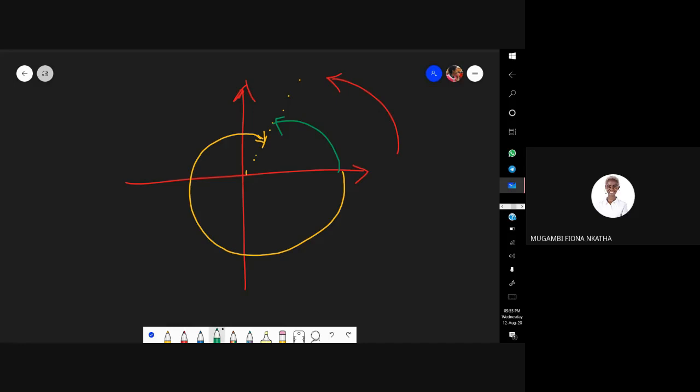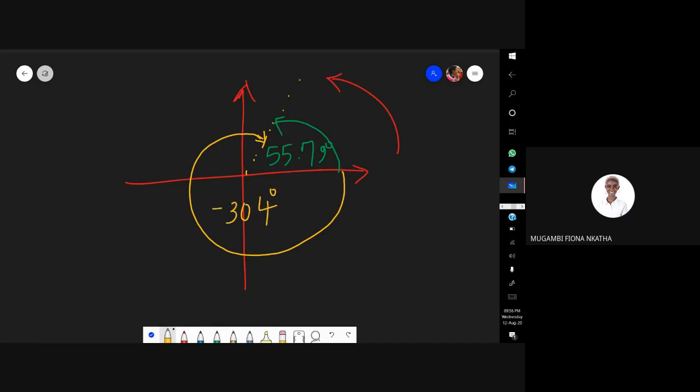That negative arrow angle is the same as the positive angle for the green. So for this green arrow, 360 minus 304 degrees, you get 55.79 degrees. And this other one is negative 304 degrees.